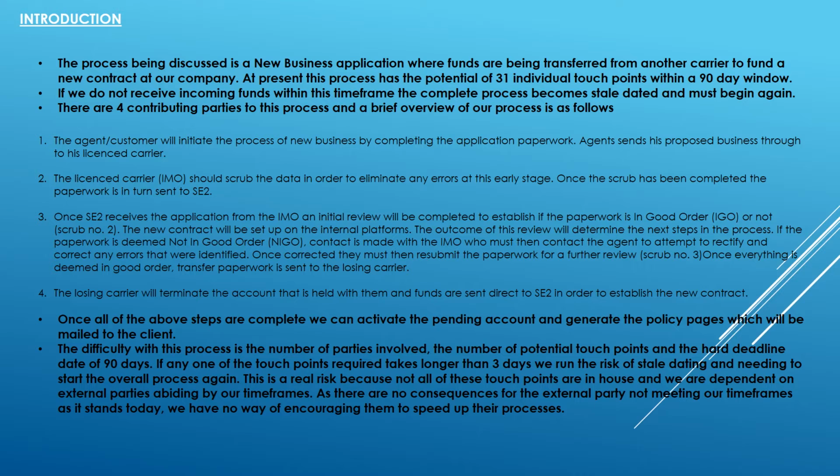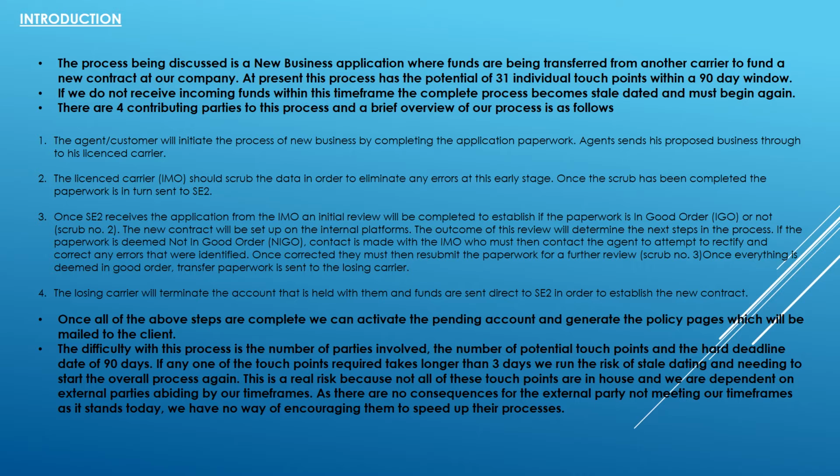Once again, this may not always be done on the first request, and we may have to liaise with that losing carrier a number of times. Once we have eliminated all the errors that were identified, we can then correctly resubmit all the paperwork for another review, scrub number 3.